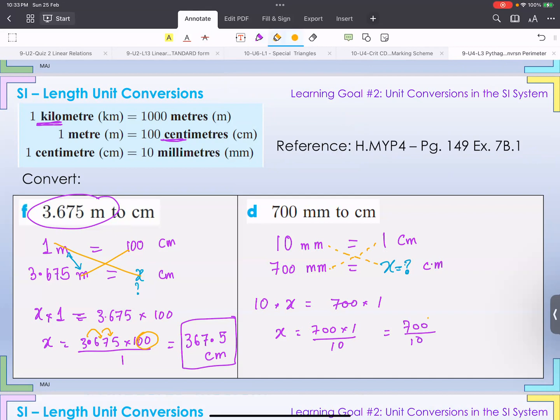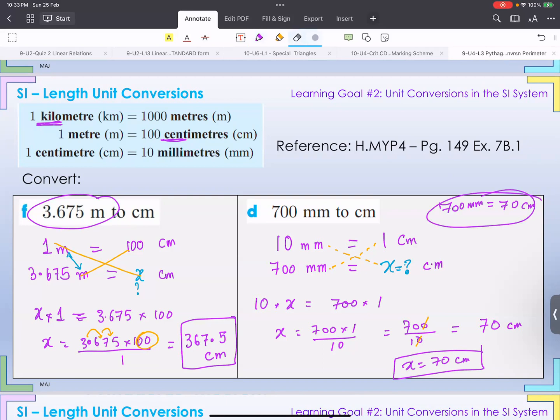I'm sorry if this is over explaining, but I'd rather you know how to do it properly, right? So X is 70 centimeters. That means 700 millimeters is the same as 70 centimeters. So that's the conversion, which most of you would have looked at once and said, I have to divide by 10. That's fine.